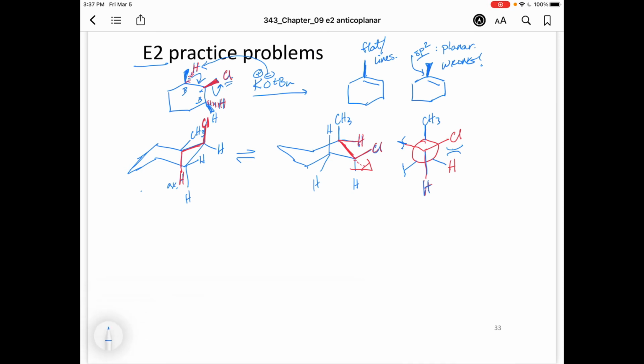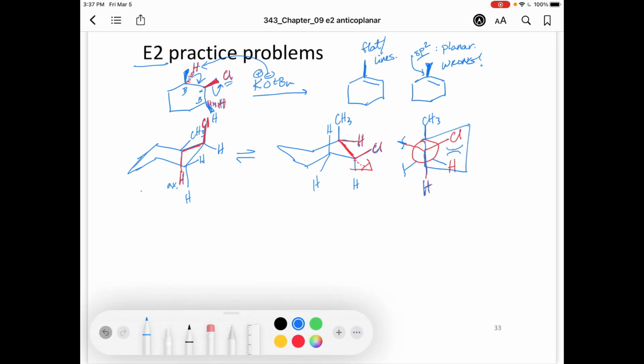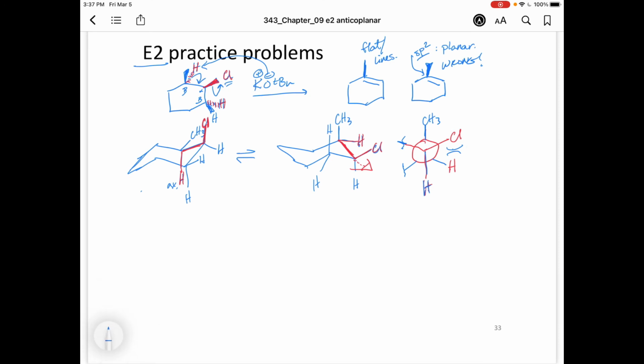The only groups on a Newman projection that are anticoplanar are if they're completely opposite of each other. Remember, anticoplanar means they need to be opposite and have a 180-degree dihedral angle. These two groups do not have a 180-degree dihedral angle. So we wouldn't draw the mechanism on this.